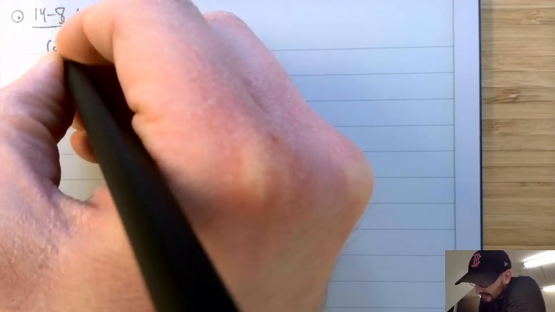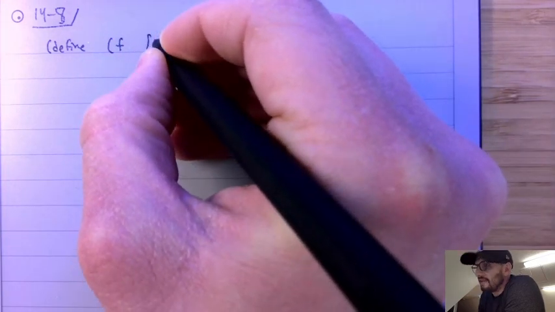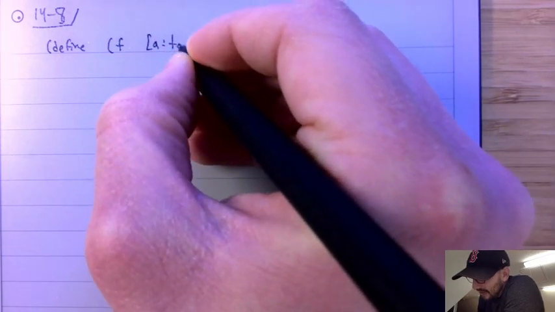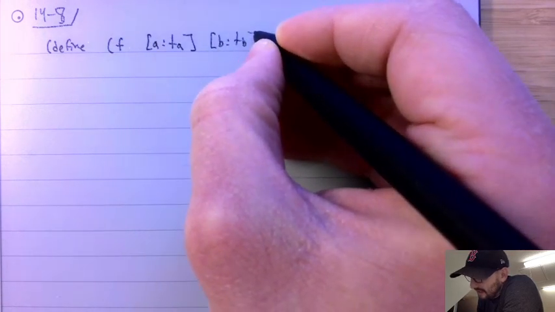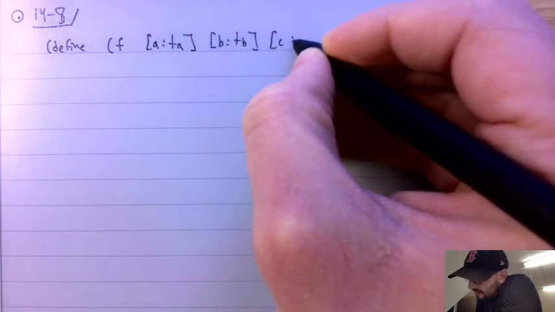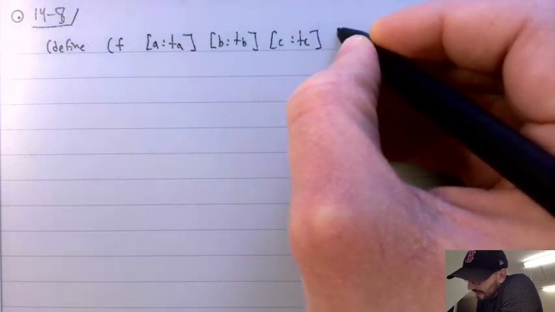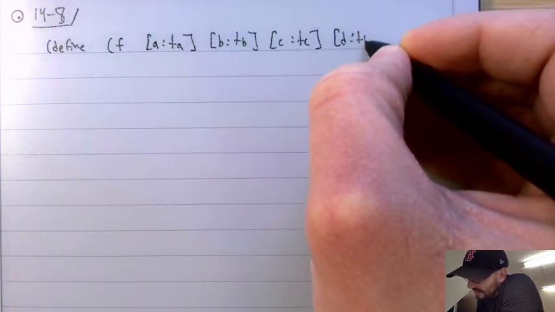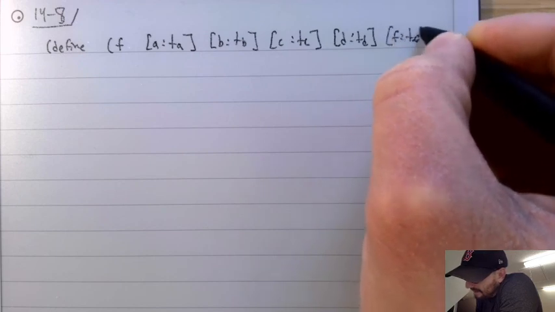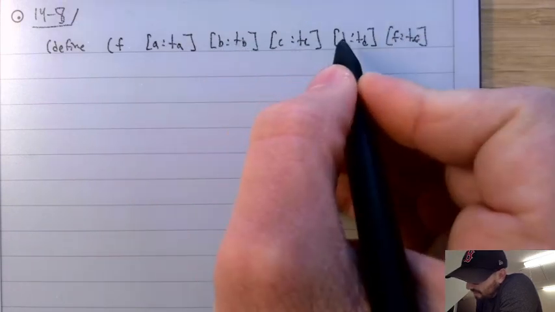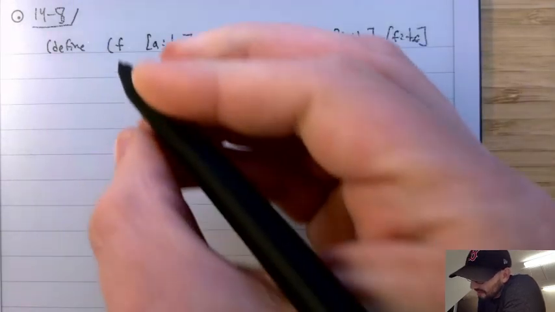So what's going to happen is that you're going to walk through your definitions, and you're going to see a definition like this. It's going to say define F, and then it's going to have A, which is type A, and B, which is type B, C, which is type C, D, which is type D, E, which is type E, and that's 1, 2, 3, 4, 5, and so the ones after this are the ones that are big.